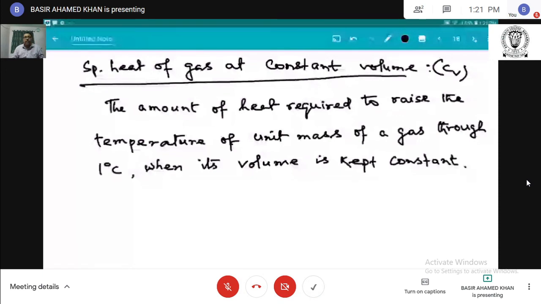That means delta Q by delta T at constant V. This is the specific heat of gas at constant volume.